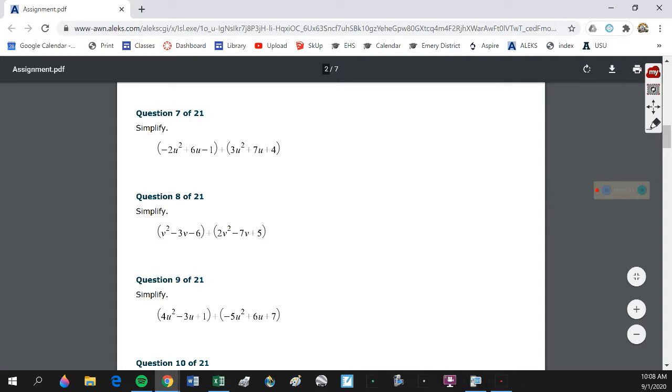Okay. How do we add 2 polynomials together? How do we add them together? Combine like terms. And how do you know that 2 terms are like? They have the same variable and exponent.